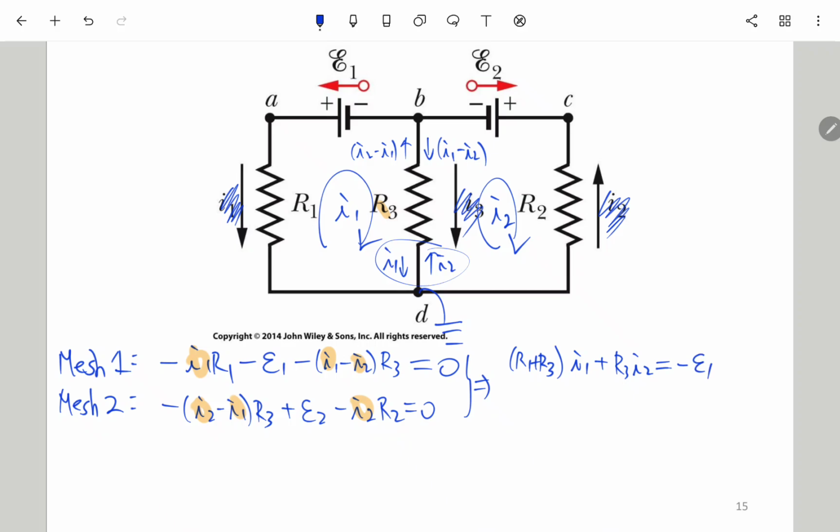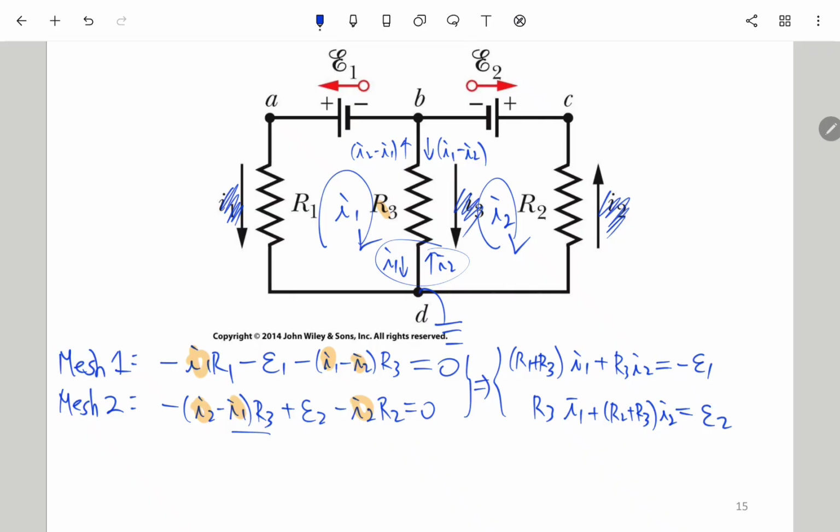And similarly, we can simplify the second equation: R3 I1, and then here we have R2 plus R3, times I2, equals E2.